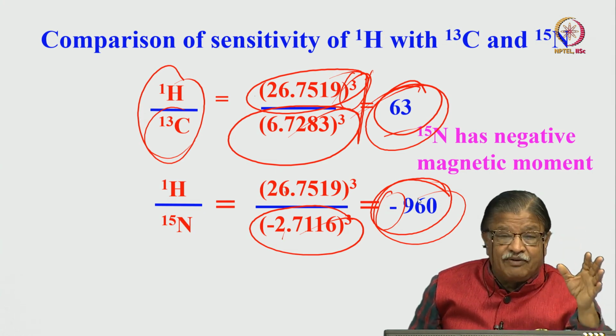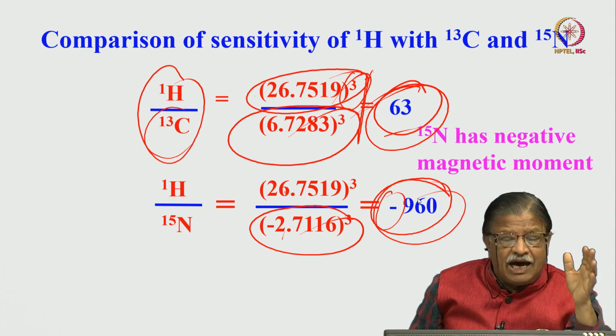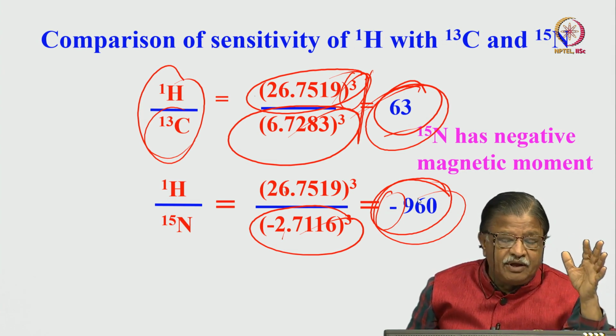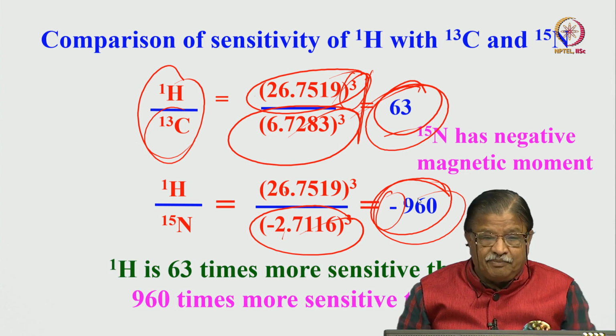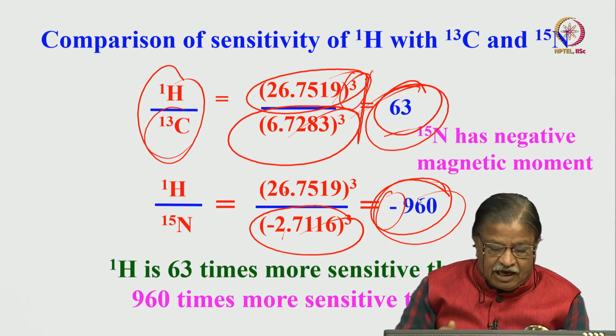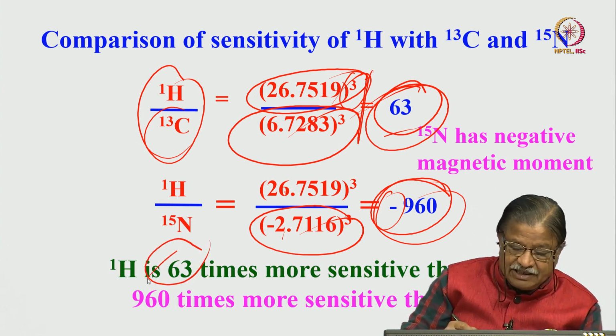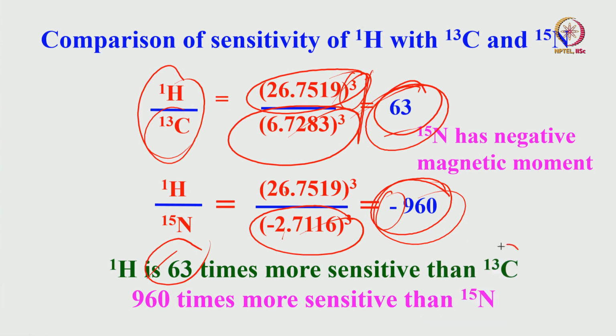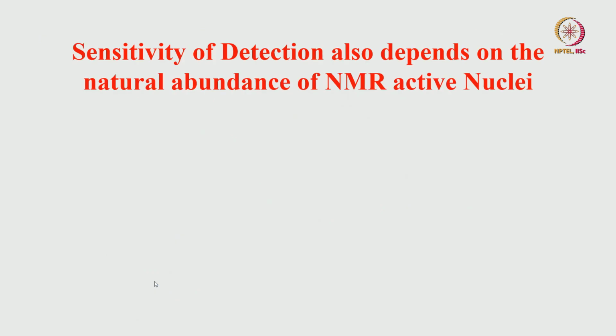Assuming that the number of nuclei, number of nitrogen, everything remains the same in a given molecule. So, this is the sensitivity factor coming into the picture. Carbon 13 is 63 times less sensitive compared to proton, and nitrogen is 960 times less sensitive compared to proton. And sensitivity also depends upon another parameter called natural abundance.